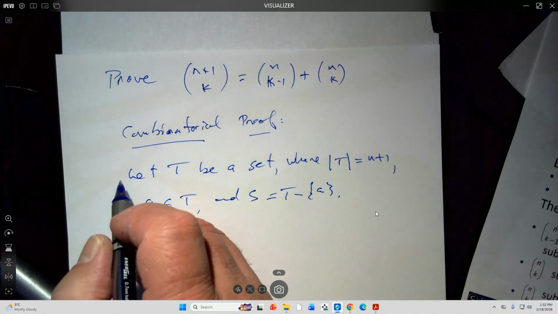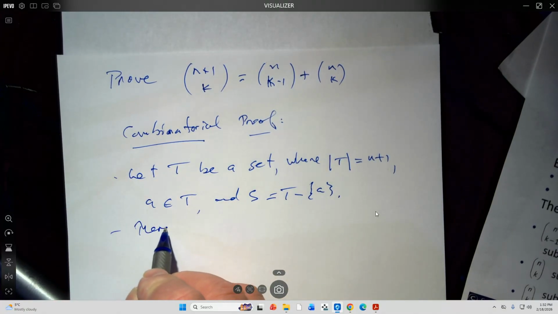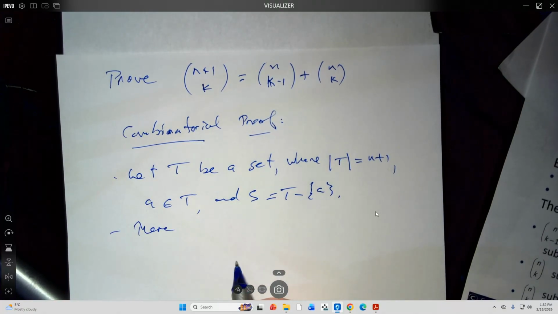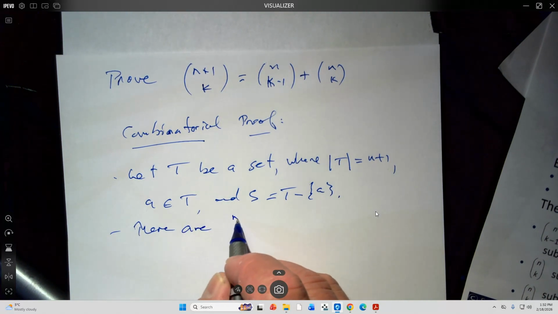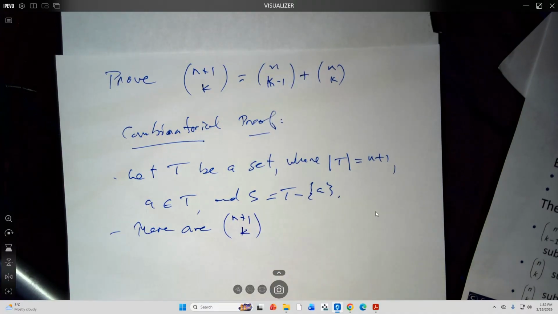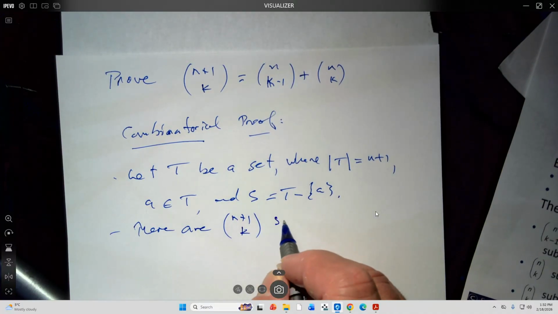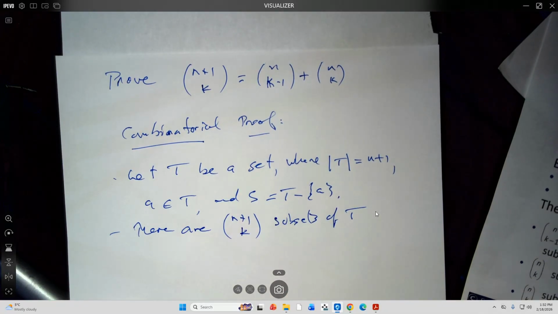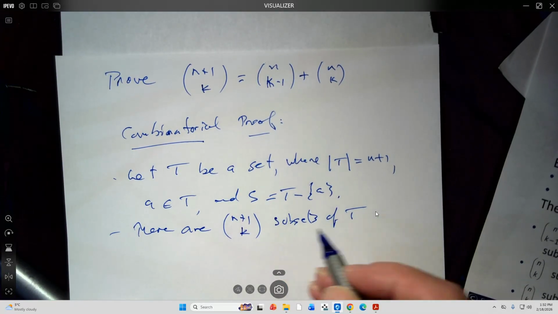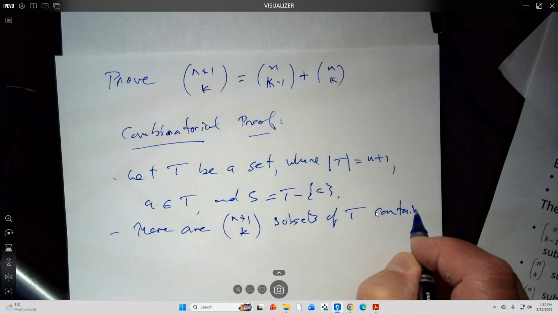There are n plus 1 choose k subsets of T containing k elements, obviously, by definition.